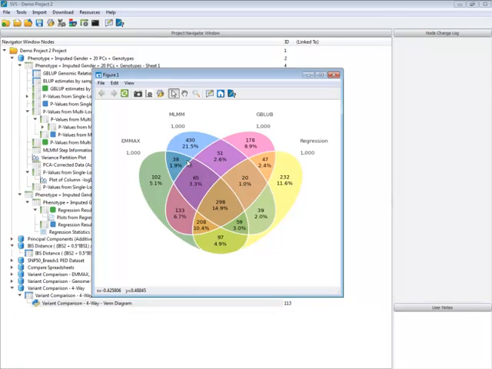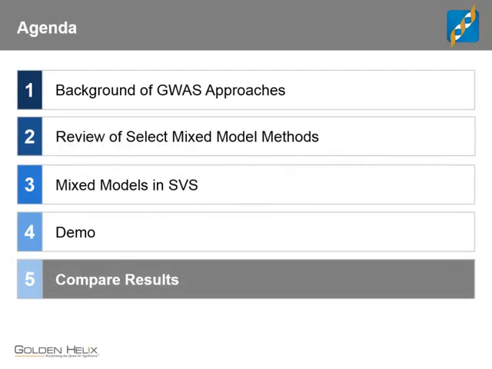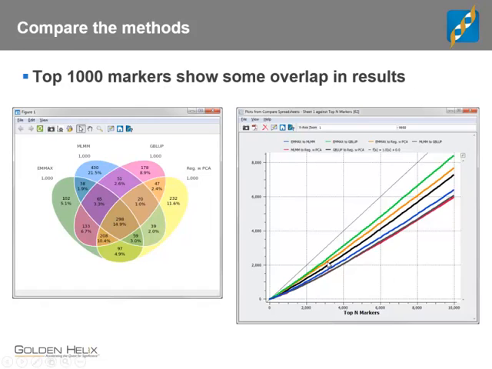Well, this is one way to compare results, but let's pop back to our presentation and we can talk about a couple other ways to compare methods. All right, so again, we already looked at the Venn diagram.